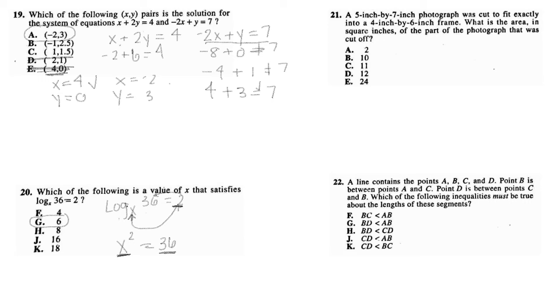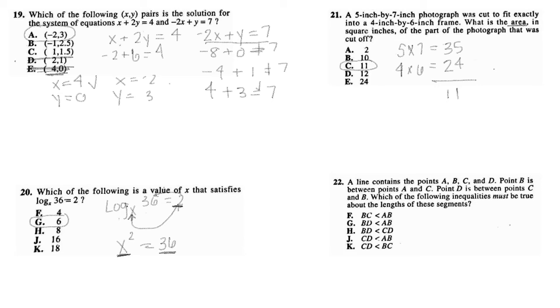Since it's asking for the area, well, what was the area of the 5 by 7? That area was 35. And the area of the 4 by 6 was 24. So the area that was cut off, if we subtract those two, looks like it was going to be 11. So 21 looks like it should be answer choice C.